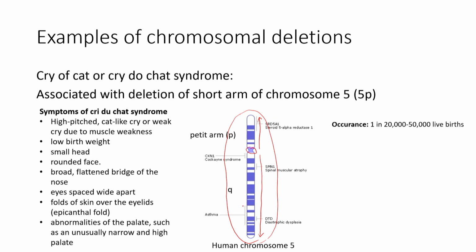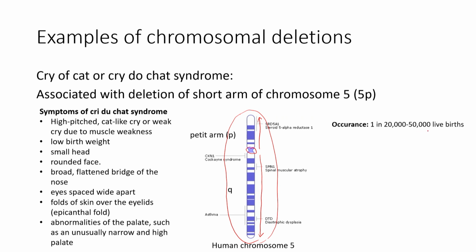The long arm, you call it as Q. Petite means small, and that is how the small arm is called P. The Q has been used because the short arm has been considered as P. This Q has nothing to do with something else. So, here in cry of cat syndrome, a part of the short arm is not present.